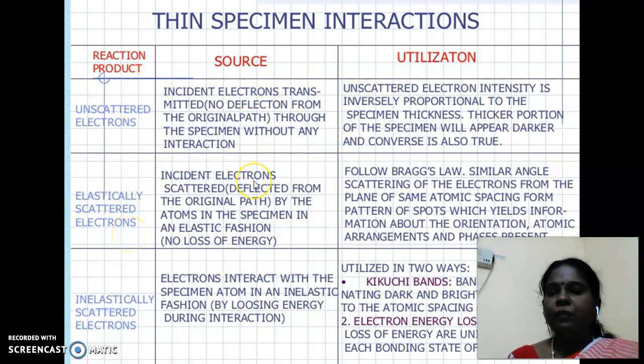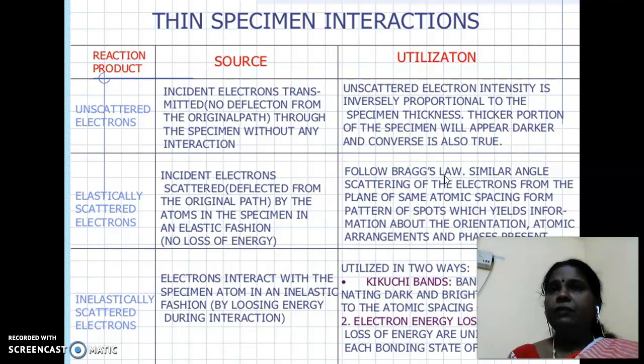Second one, elastically scattered electrons. Here, some of the incident electrons get scattered by the atoms in the specimen in an elastic fashion. That means there is no loss of energy. And as there is no loss of energy, it gets scattered and obeys Bragg's law.